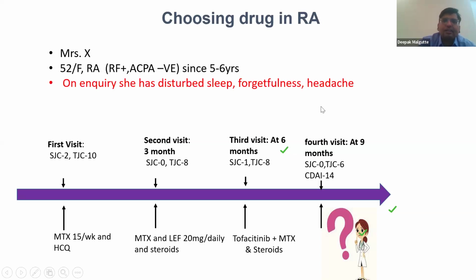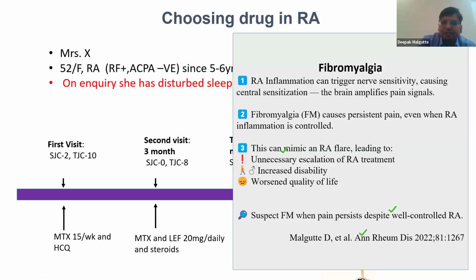What was missed was inquiring about her sleep patterns, headaches, fatigue, unrefreshed sleep, or memory fog, which can lead to the diagnosis of fibromyalgia. This is a major important factor that can lead to resistant RA, where these patients actually don't have disease activity or arthritis; they have more myofascial pain.